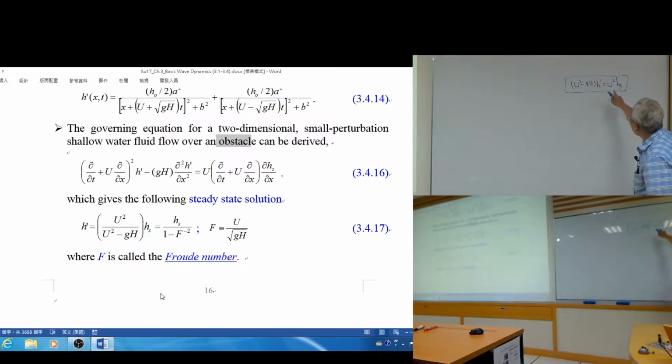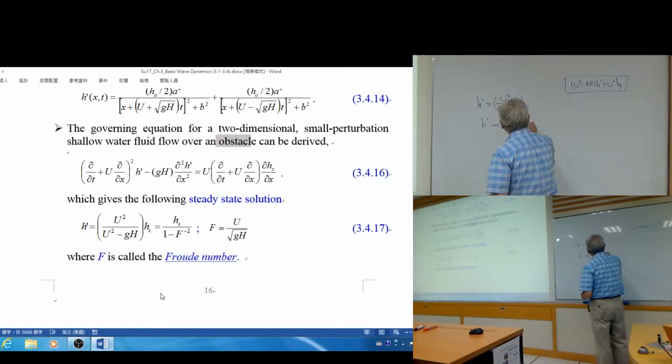So it becomes like this. H prime is the perturbation height, and capital H is the water depth. So we have h prime equals to U squared over... If U squared is greater than gH, or U greater than square root gH, then this will be positive.